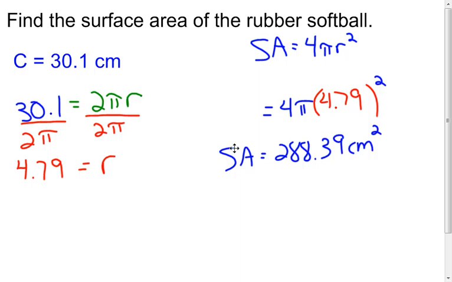What that tells me is that if you were to take little squares, 1 centimeter by 1 centimeter, 288.39 of those little squares would cover the outside of that rubber softball.